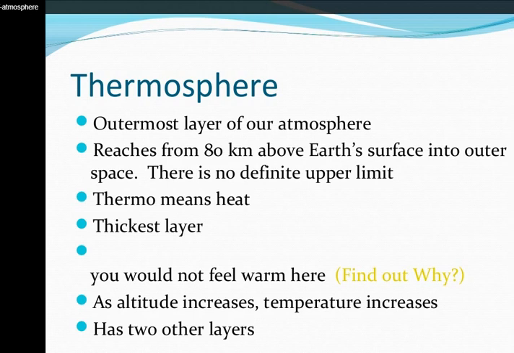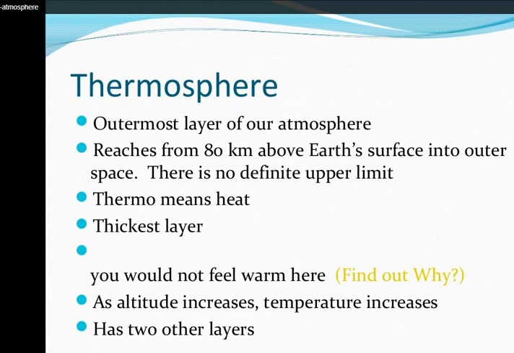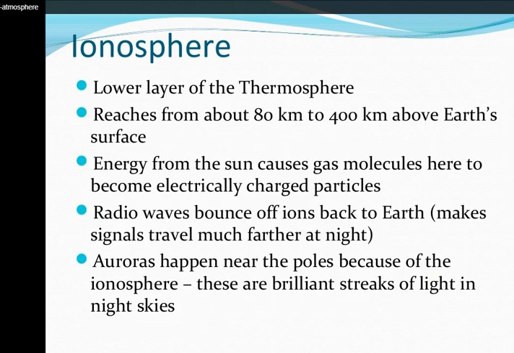The thermosphere has another layer called the ionosphere. The lower layer of the thermosphere reaches from about 80 km to 400 km above Earth's surface. Energy from the sun causes gas molecules here to become electrically charged particles.